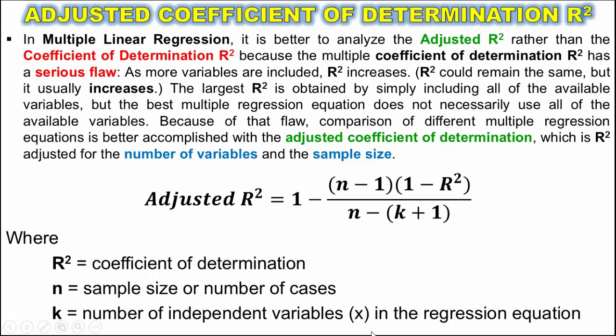The formula for the adjusted coefficient of determination R squared is equal to 1 minus quantity n minus 1 multiplied by quantity 1 minus R squared divided by n minus quantity k plus 1, where R squared is the adjusted coefficient of determination, n is the sample size or number of cases, and k is the number of independent variables in the regression equation.